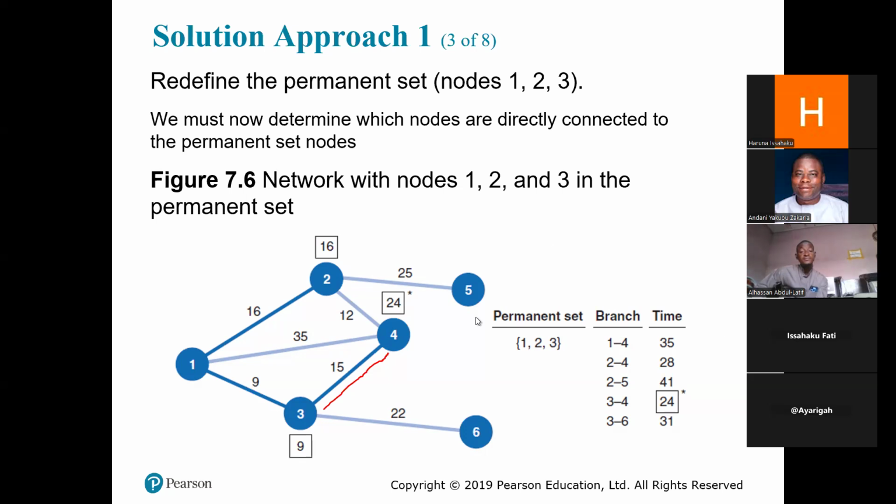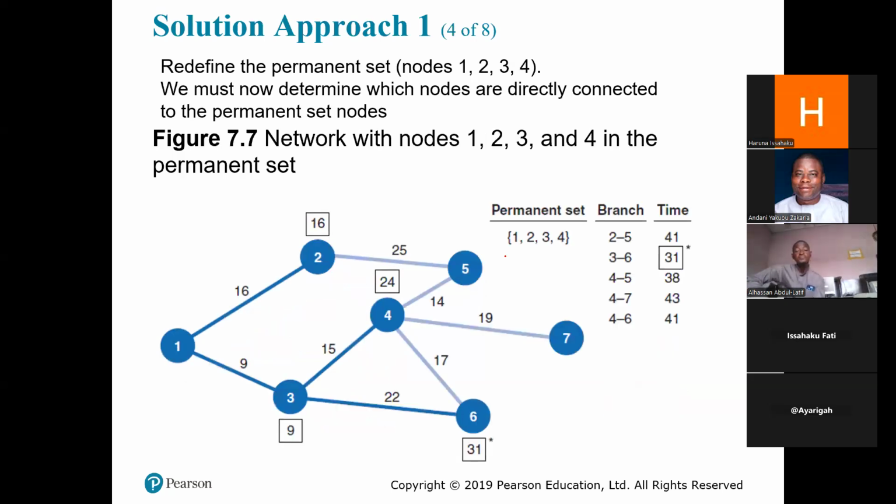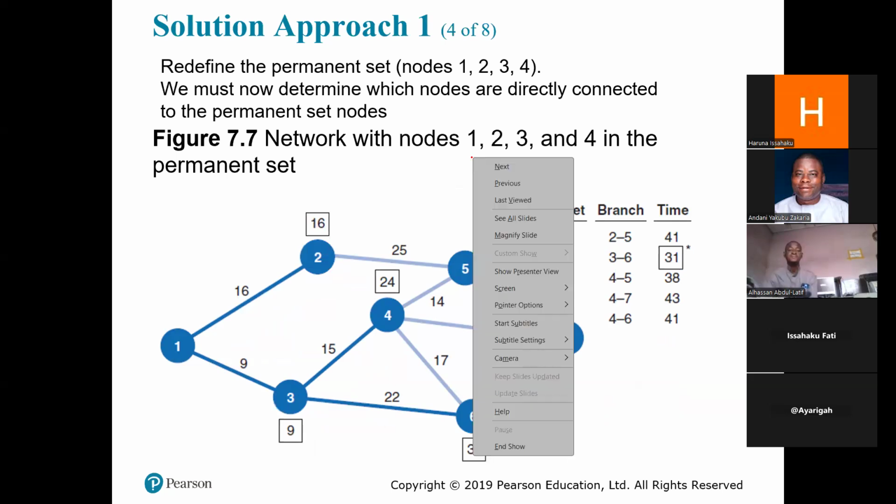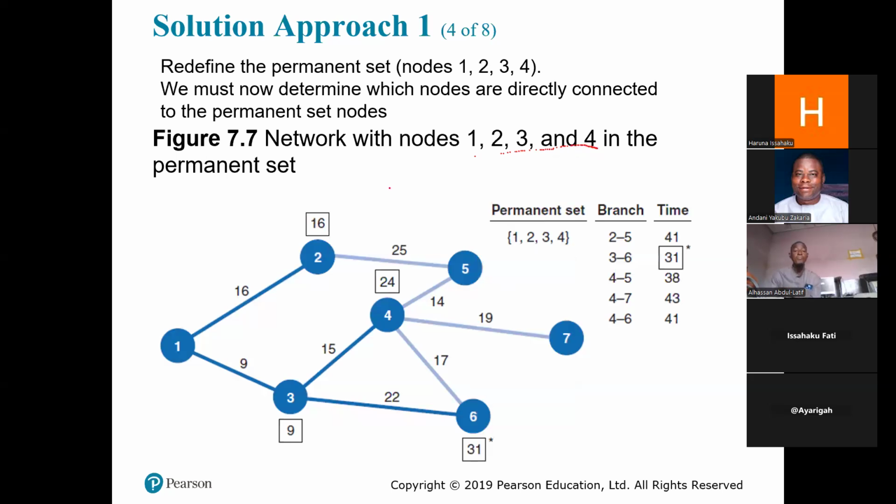Now, so our permanent set is redefined, as I indicated, to now contain 1, 2, 3, up to 4. So let's look at those that are directly connected to them, which have not yet been analyzed.